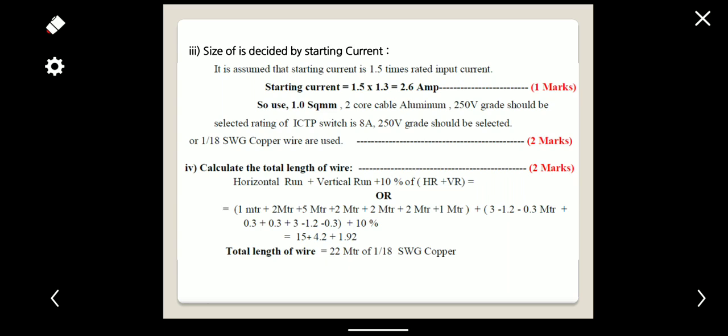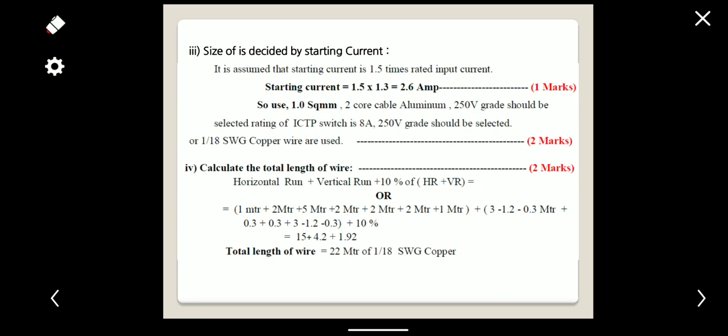For this 2.6 ampere, we use 1 square mm 2 core aluminium cable of 250 volt grade. The rating of the ICTP switch is 8 ampere, 250 volt grade should be selected. Or 1 by 18 SWG copper wire is used.